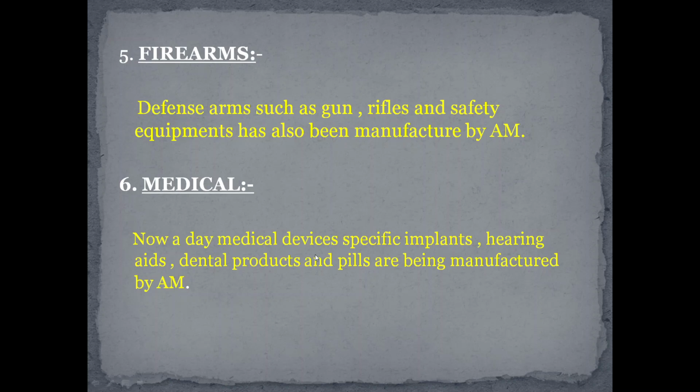Nowadays medical device-specific implants, hearing aids, dental products and pills are being manufactured by additive manufacturing. If you go to any dental clinic, you see there are some dental models created through the additive manufacturing process.